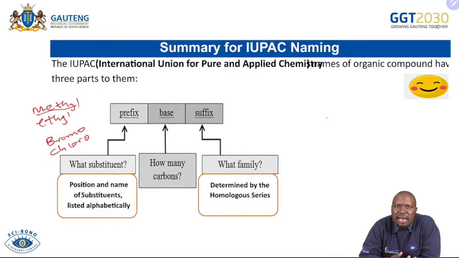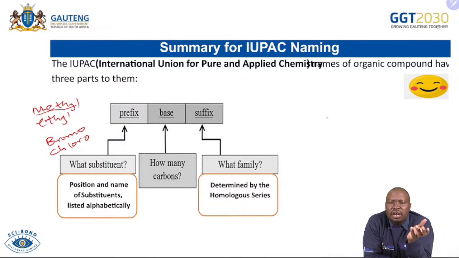So you don't necessarily have to say one bromomethane, because the bromo would always be in carbon number 1, because there is no other carbon. The other one will always be bromoethane, for example. It will always be one bromoethane. So it's not necessarily important for you to indicate where the substituent is.